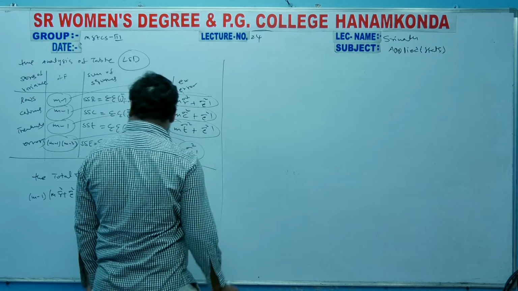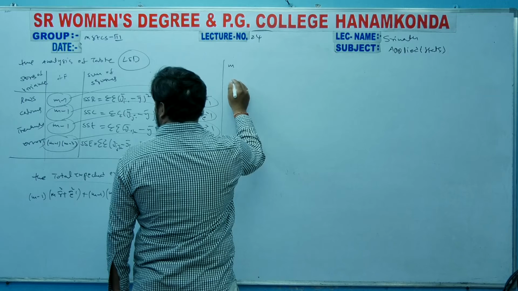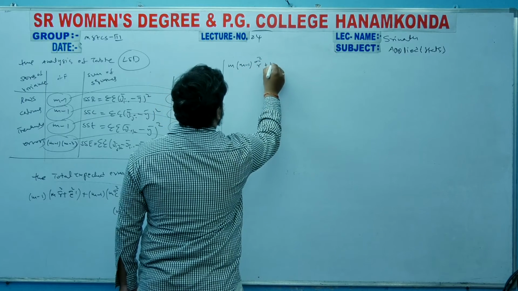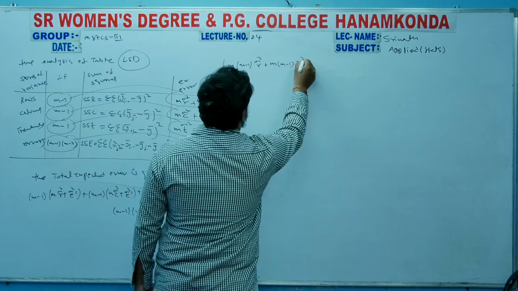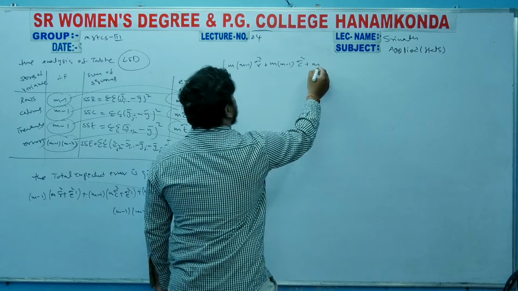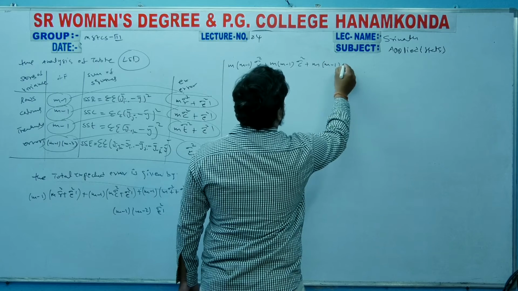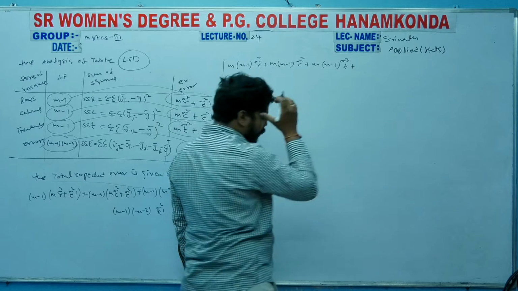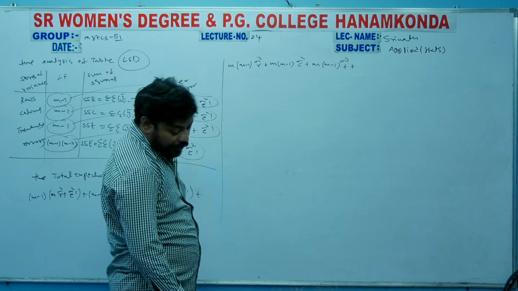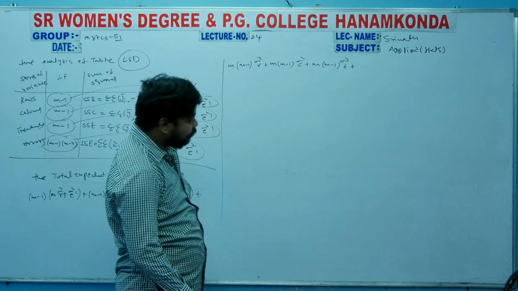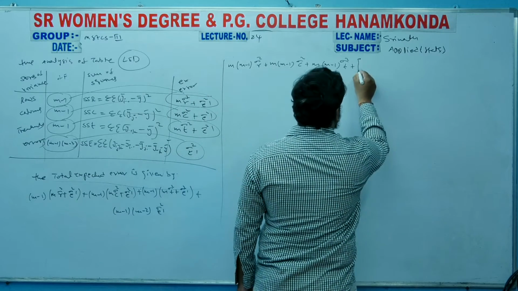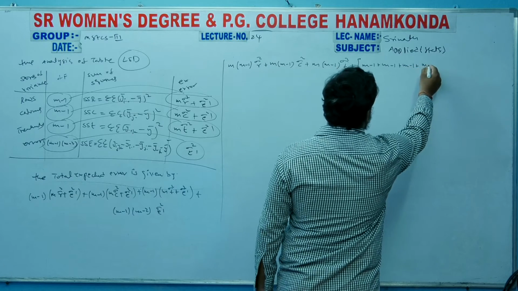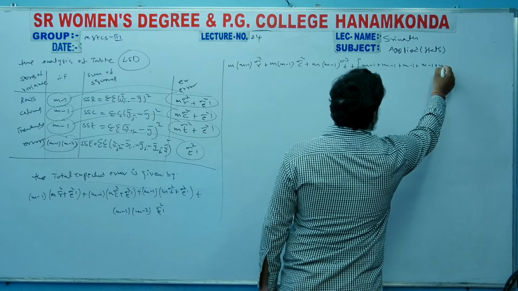From the equation we can write m into m minus 1 into variance of R plus m into m minus 1 into variance of C plus m into m minus 1 into variance of T plus we can write three values here: m minus 1 plus m minus 1 plus m minus 1 plus m minus 1 plus m minus 2.